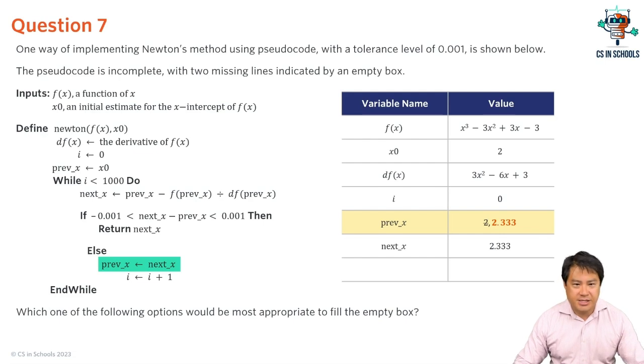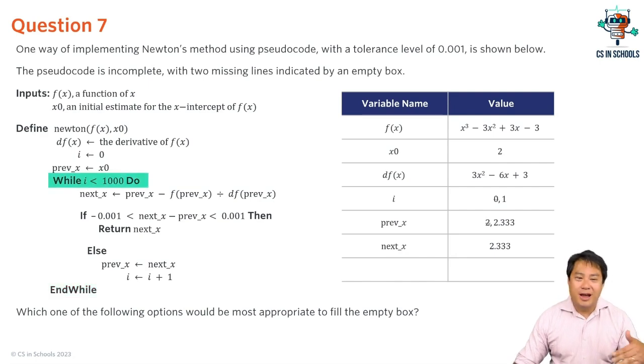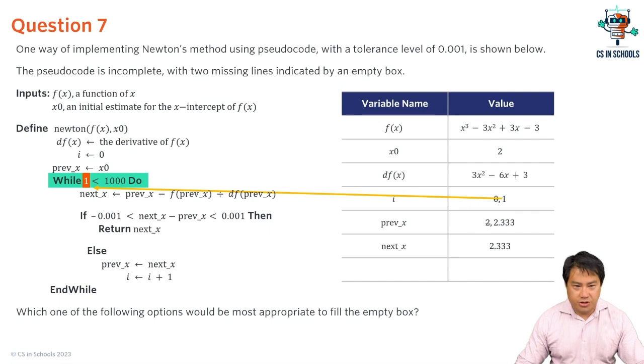2.333, a refined guess, and i is going to go up by 1, and then we reach the end while statement. So once again, end while doesn't mean we finish, it means we need to go back up and re-evaluate the while condition. So i is less than 1,000, is it? Well, i has now gone from 0 to 1. 1 is still less than 1,000, so that's true.